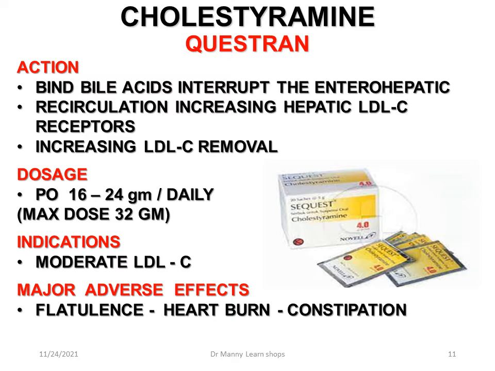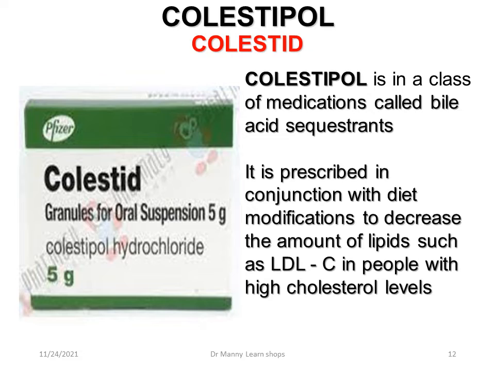There's recirculation, increasing hepatic LDL-C receptors, increasing LDL cholesterol removal. The dose, according to your organisational policy, but typically 16 to 24 grams per day. Indications are for moderate low-density lipoprotein cholesterol. The major effects are flatulence, heartburn, and constipation.